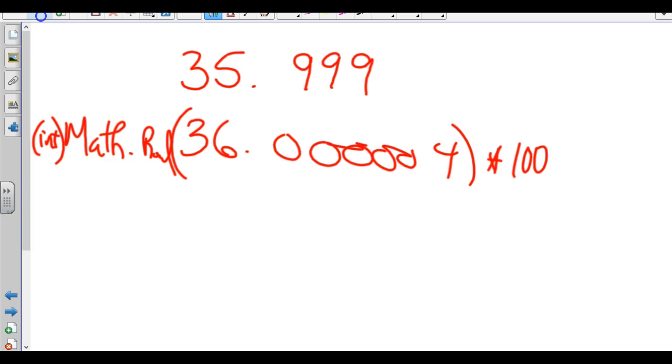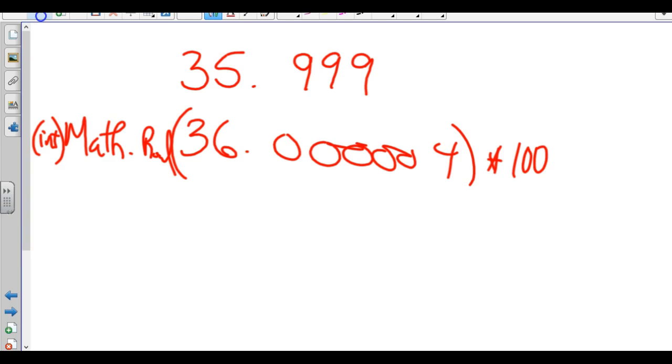If you do math.round of 36,004 then times 100, you still have a double. And any calculations that you do on that will still be subject to round-off error. Doing all the math.round and then storing it as a double again, you did nothing. You did not solve the problem. The problem is the fact that it's a double.